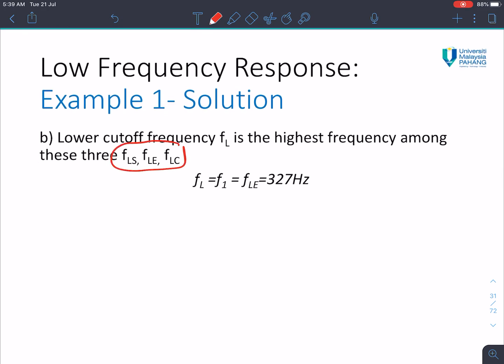We compare the three frequencies. Which one is the highest, or which one is the largest value? The largest value is the FLE with 327 Hertz. Means that it will become the cut-off frequency.